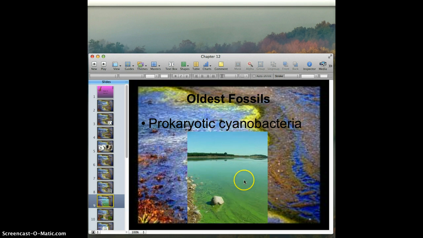Cyano means blue. They kind of turn the lake a bluish green sort of look. And they think that the oldest fossils we find are prokaryotic cyanobacteria. So these guys are not the original cyanobacteria. They are long since gone, but they are definitely modern day examples of them. And that's what we think the first living things were.